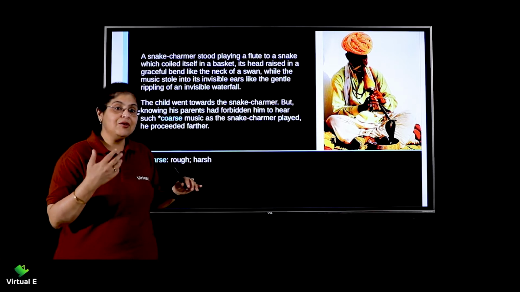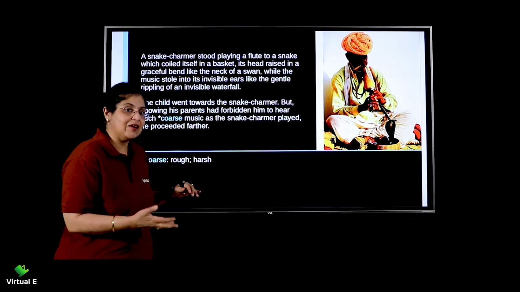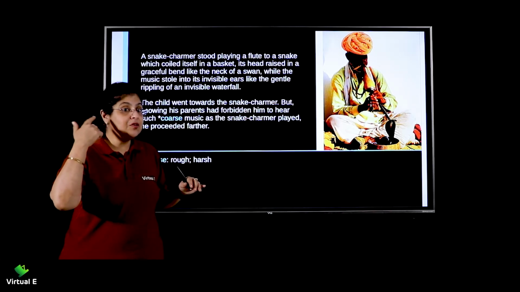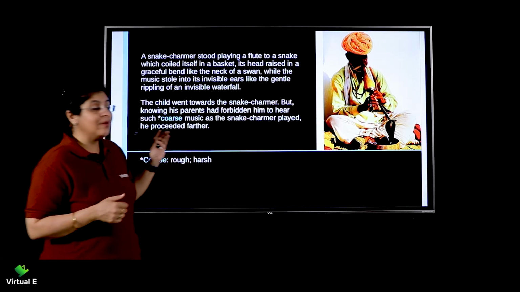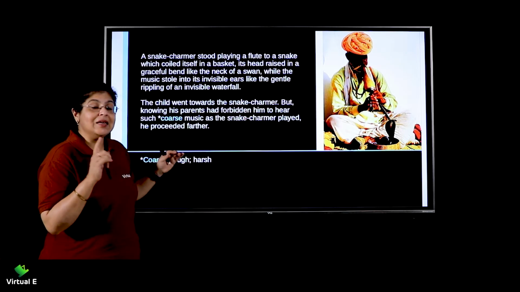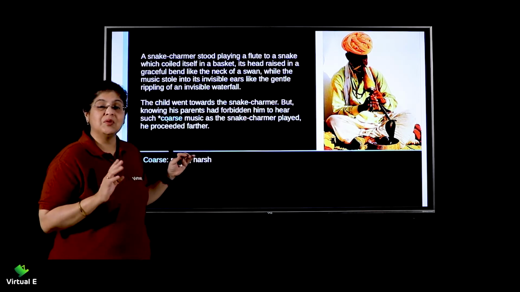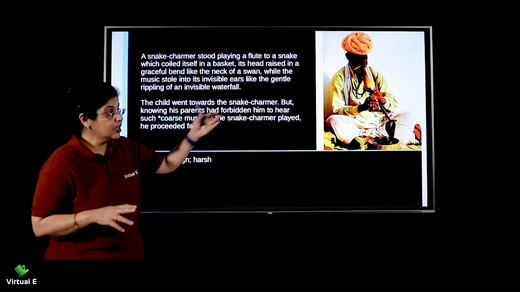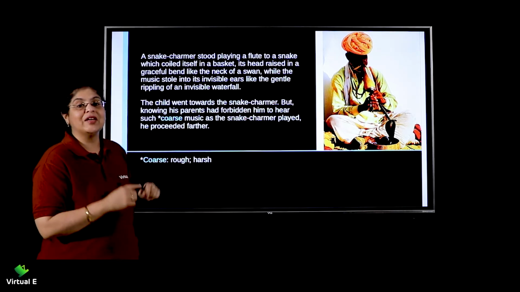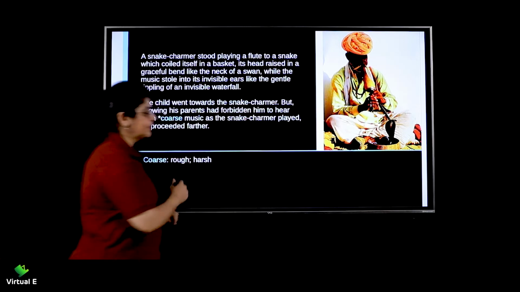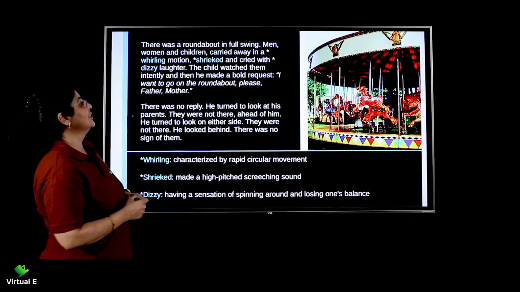He knows what is good and what is bad for him. He remembers all the lessons taught to him by his parents. So when he went there, he remembered that he is not supposed to listen to this music. That music was very harsh which the snake charmer was playing. So he just let it be and he went on further. Obviously, he did not ask for the snake.